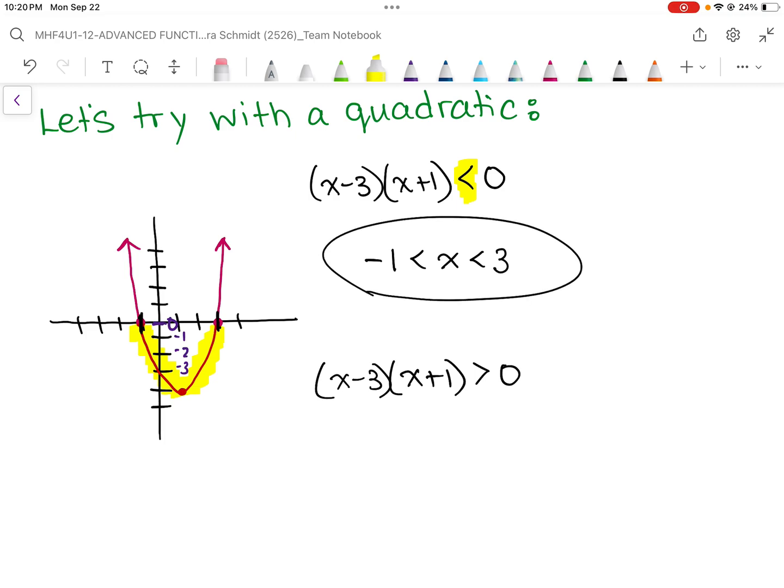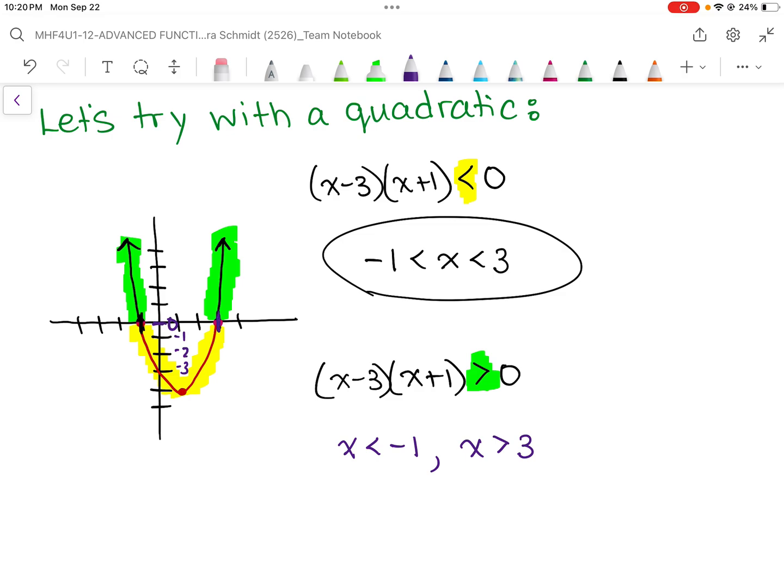Now if we wanted to say, when is our parabola greater than 0, now we look at all the values above y equals 0. So all of these top ones. So if we wanted to answer that question, we would say when x is less than -1 and when x is greater than 3, right?